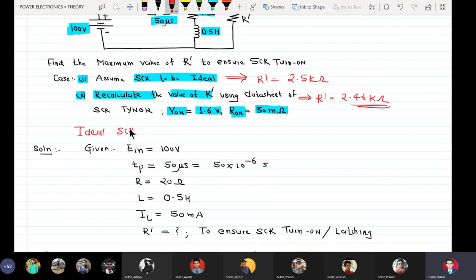Ideal SCR means it is an ideal switch. That means the on-state voltage drop is 0 volt and on-state resistance is also 0 ohms. But now we have a non-zero value for V on and R on.